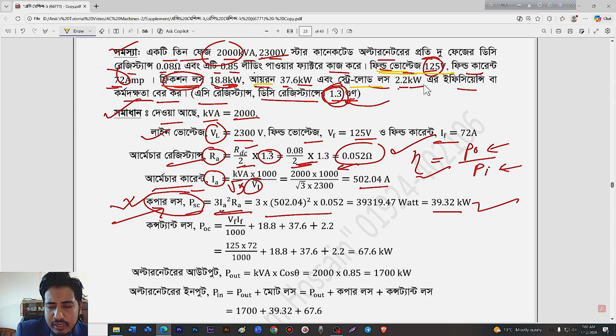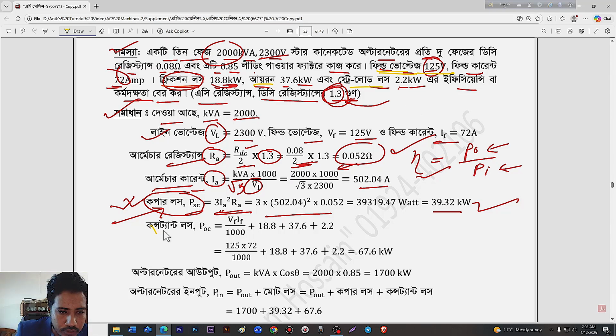Here we can get the constant power from the field current. Whether you connect the load or not, the field loss, or field current loss, will be constant all the time.